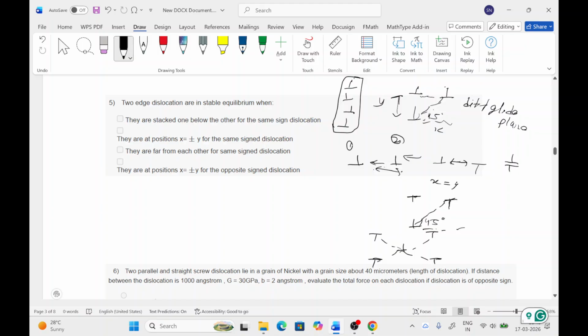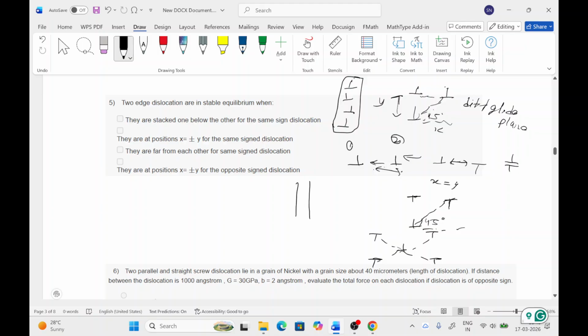And for the screw dislocation, means the two screw dislocations are these. So they also feel some force. Because screw dislocations can cross slip, the force on them will be lesser than on edge dislocations.